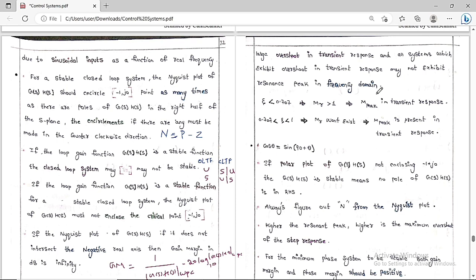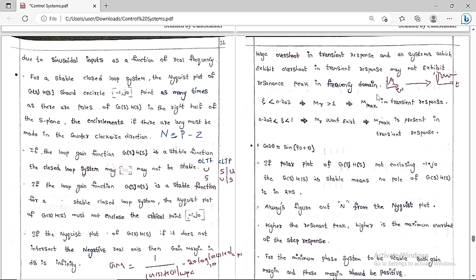So what I am trying to tell you here, listen carefully. Suppose in the frequency domain you are going to get a resonant peak, then by default we can say in the transient response with respect to time, the output is also going to have some peak value, but not vice versa. So this is the frequency domain, this is the time domain.